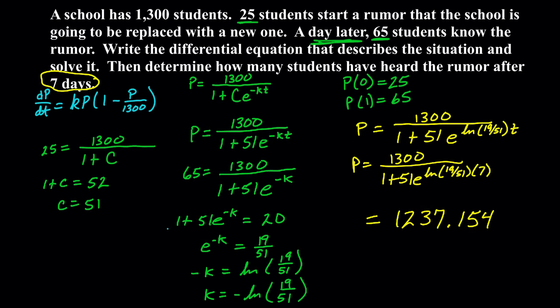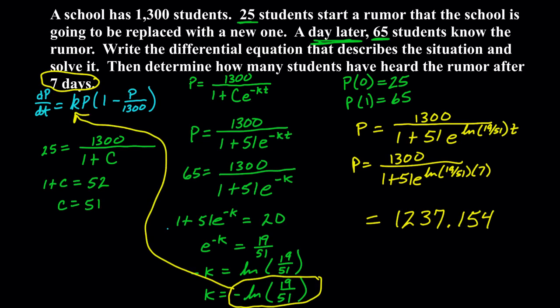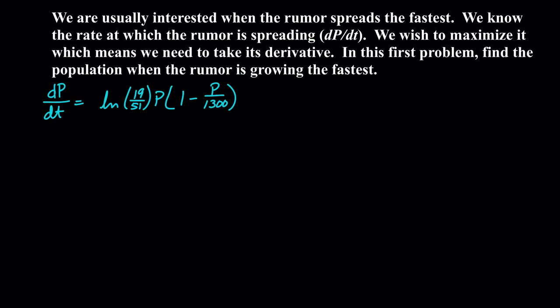Now, also with this k value here, remember that we can substitute this back into here to get our differential equation. So we're going to carry this new equation over to the next page, giving us this equation here.